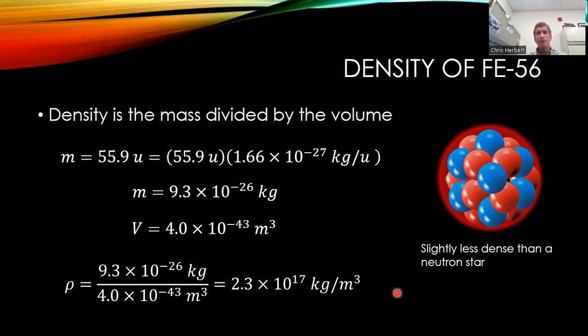I think the density of a neutron star is between 4 and 5 times 10 to the 17 kilograms per meter cubed. A neutron star is the densest object in the universe without becoming a singularity, without becoming a black hole. Again, in terms of nuclear matter, its density is very, very high.